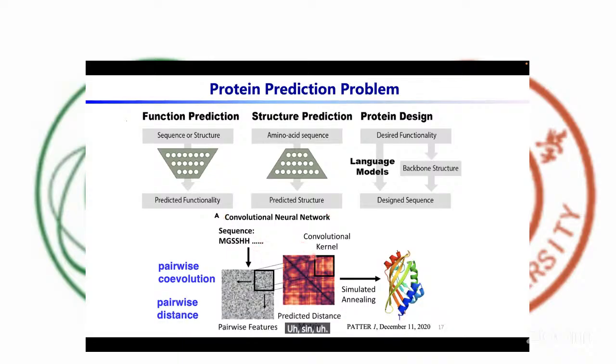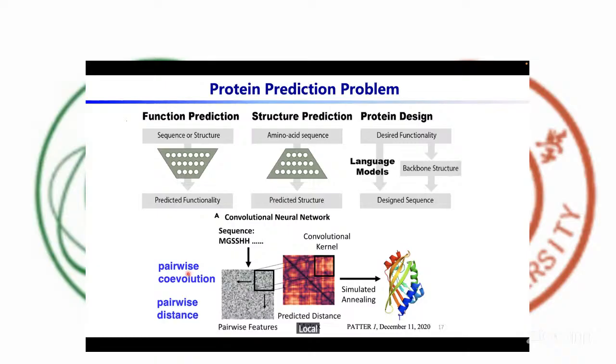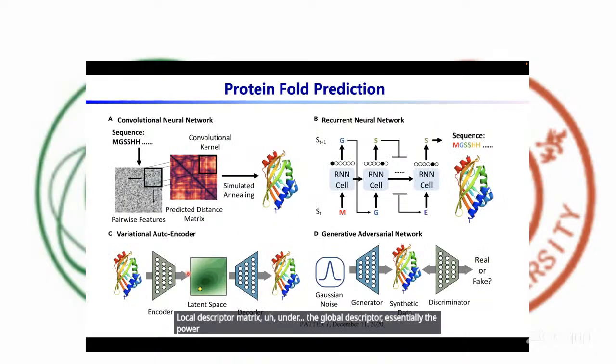That's why right after the last lecture on the CNN model, we quickly jump into the applications, particularly protein structure prediction, because you can apply CNN for protein structure prediction based on the input of the local descriptor matrix and the global descriptor, essentially the pairwise distance matrix.